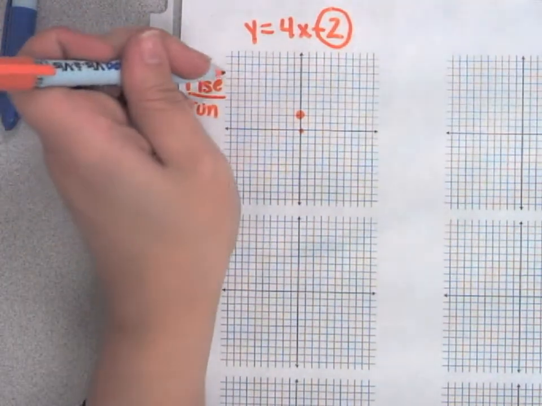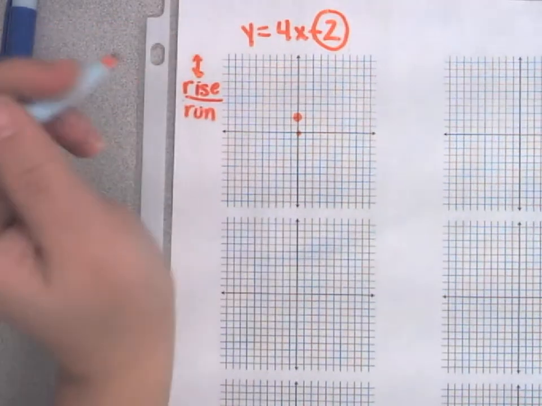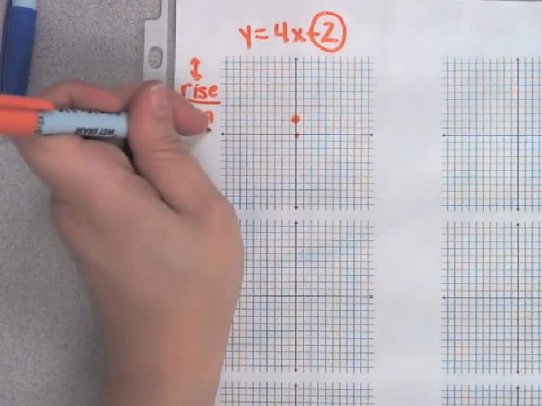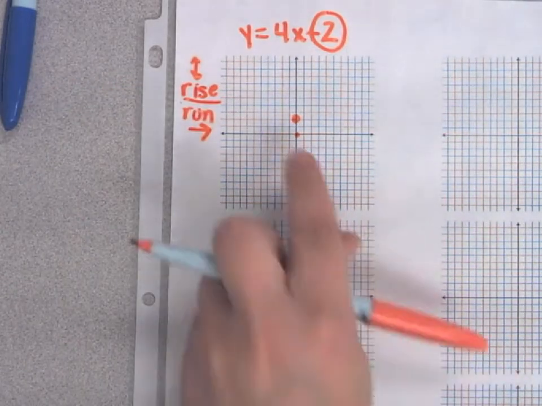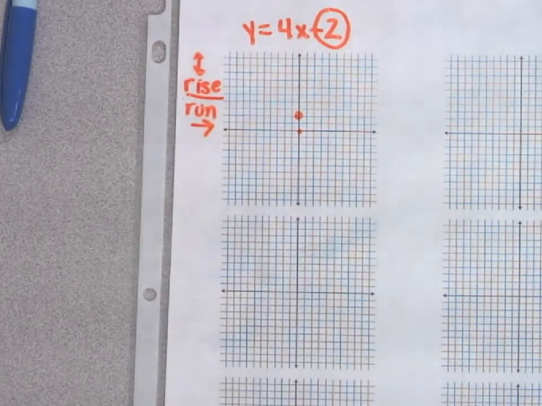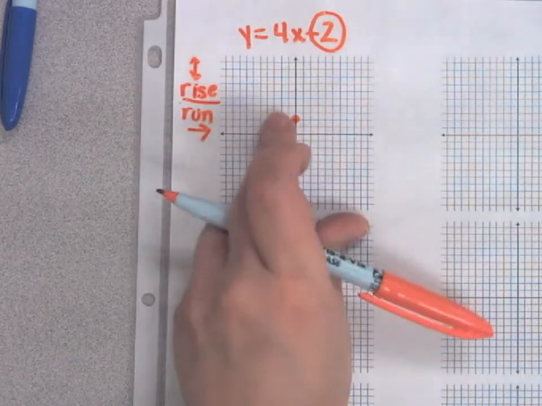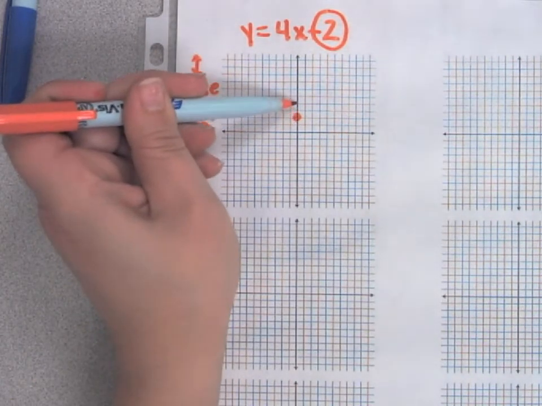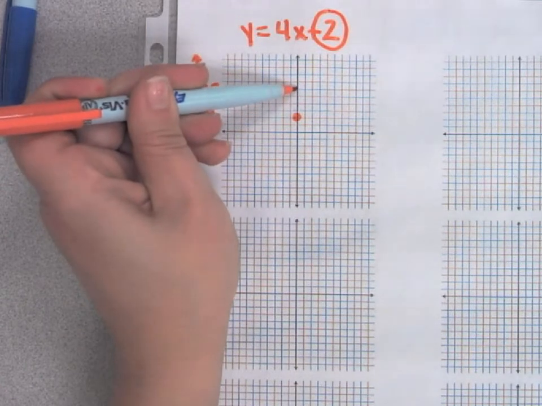Rise can either go up or down. Which way do we always run? To the right. So we're going to start at that point and go up 4. 1, 2, 3, 4. And then we're going to run 1.